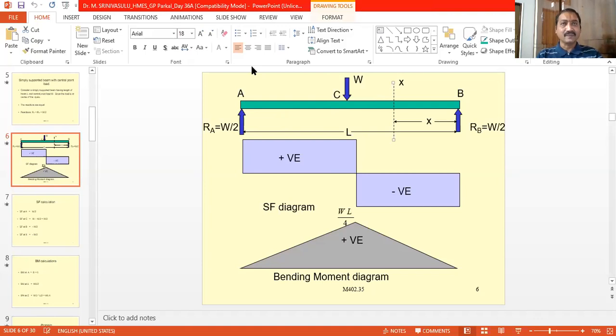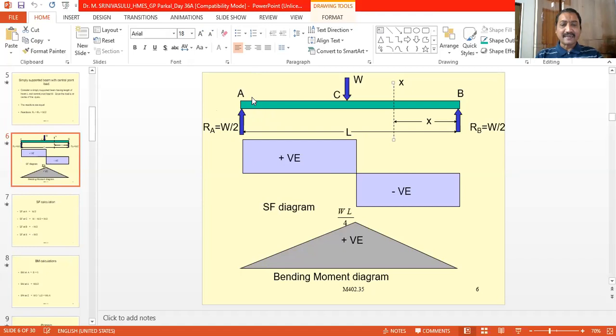The force which is acting upwards to the left of the section will be positive. So the shear force is equal to plus W by 2. So the shear force at point A is equal to plus W by 2.